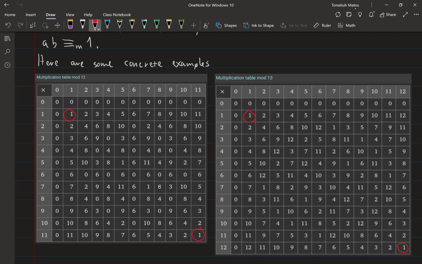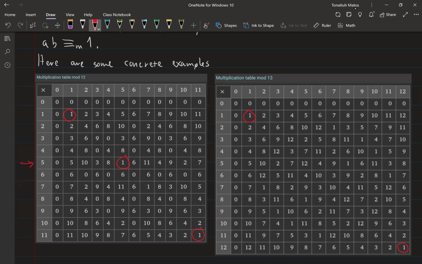But these are not the only ones. So for example, the row number 5, if you go along it, you'll eventually hit a number 1. And we know this is true. This has to be true because 5 is coprime with 12. In this case, and this is more or less a coincidence, 5 happens to be its own inverse, right? The number 7 is also coprime because it is prime and it's not a divisor of 12.